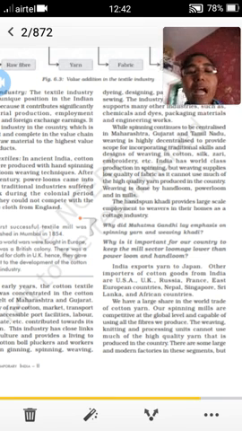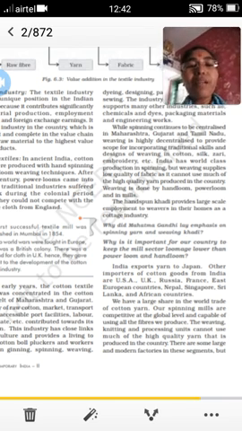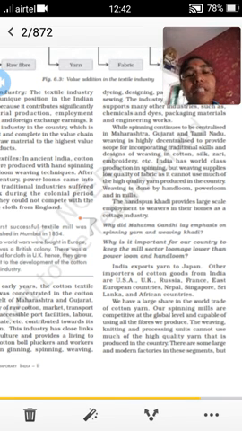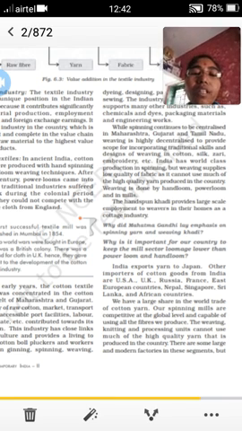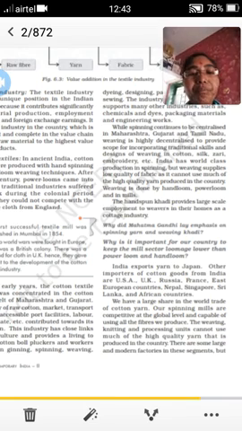Population is more, and there is a coastal area for transportation. For that reason, they get easy availability of every sub-part of the cotton industry: raw cotton is available there, skilled labor is available, transportation is available, and water resources are also available in Maharashtra and Gujarat.